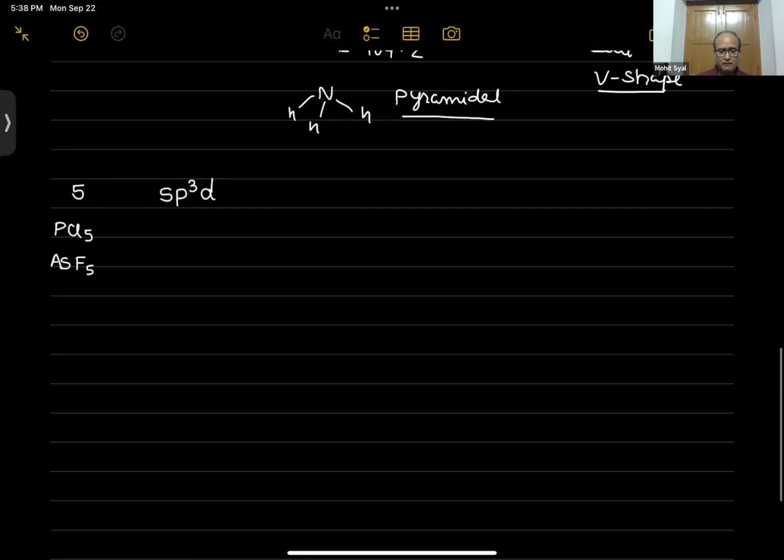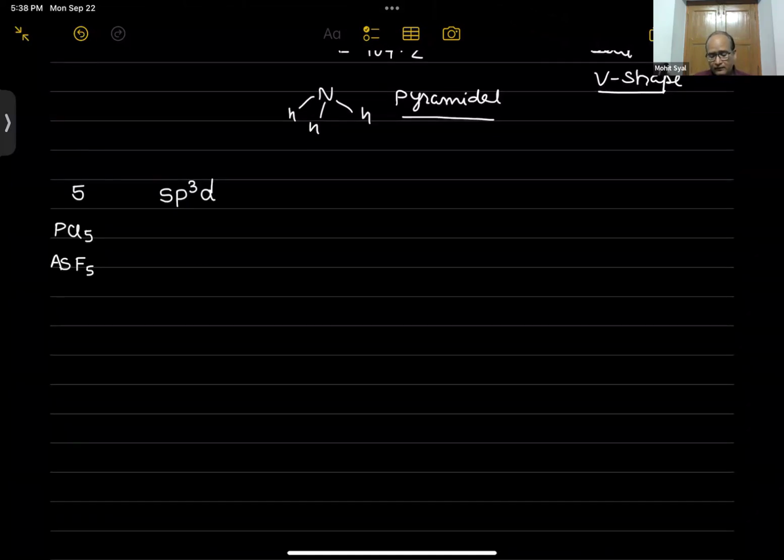So how are the 5 groups going to arrange themselves around the central atom? Phosphorus is there. 3 of them are going to be in a plane like this.